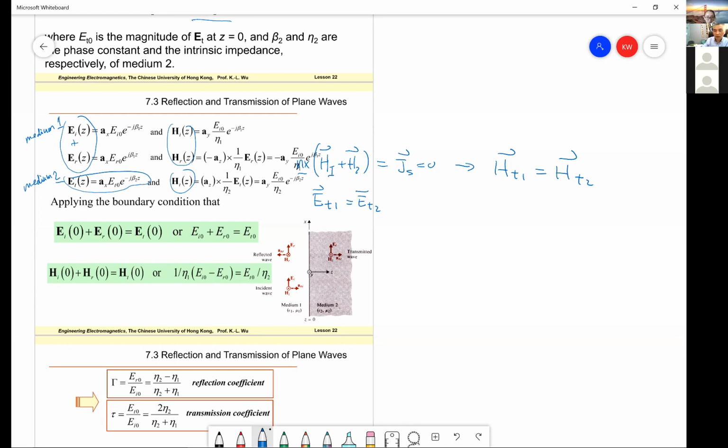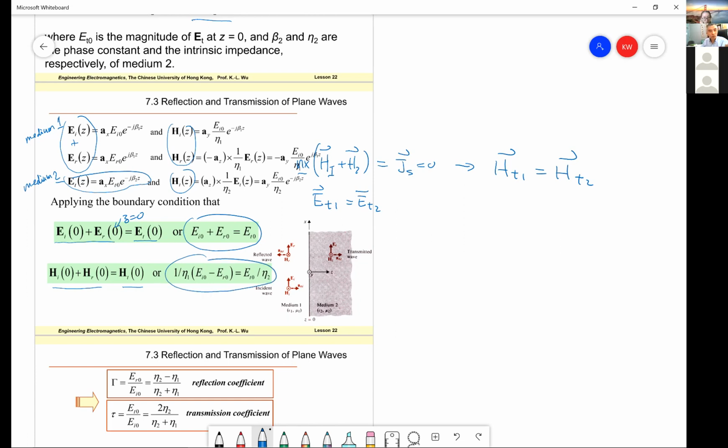Then we use the tangential field equal on both sides. That means this is Z equal to 0, right? At the interface, and the magnetic field equal. This is the magnetic field equal. We have two relations. One is this relation, one is this relation.